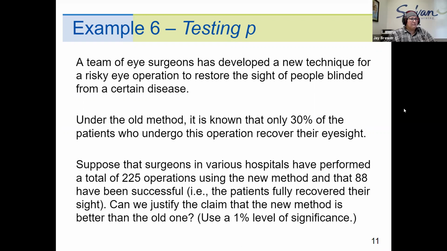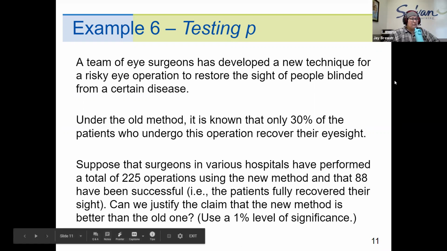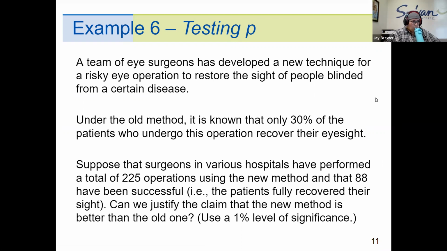Suppose that surgeons in various hospitals performed a total of 225 operations using the new method and that 88 have been successful, as in the patients fully recovered their sight. Can we claim that the new method is better than the old one? Use a 1% level of significance. So that means your alpha is going to be equal to what? Yes, it would be 0.01.